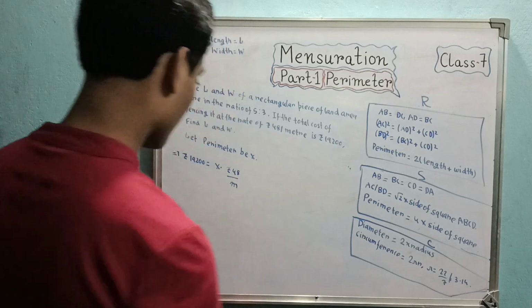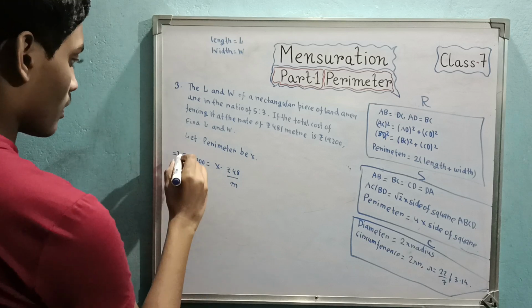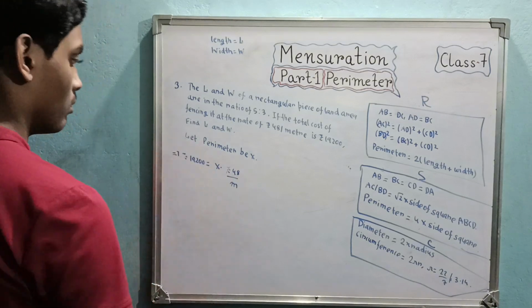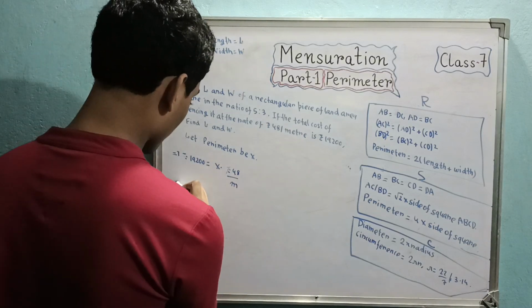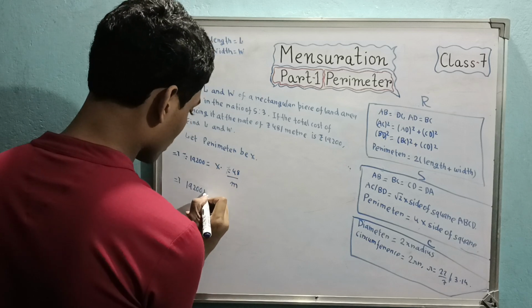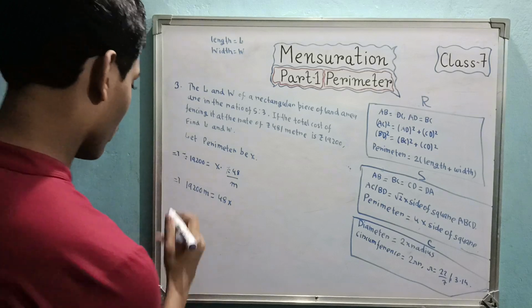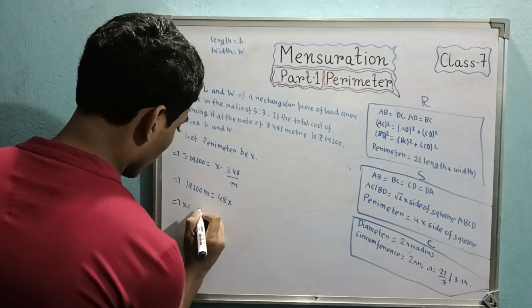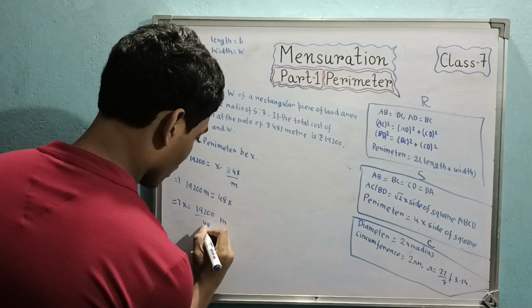Per meter means by meter, right? What we can now do is cut out this rupees. Now shift this meter to that side, cross multiplication, or 19,200 meter equal to 48x. Okay, so x will be equal to 19200 by 48 meter.